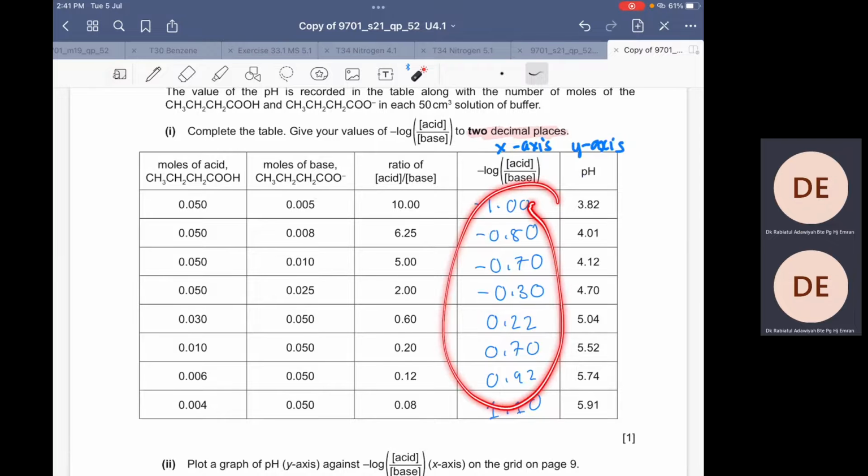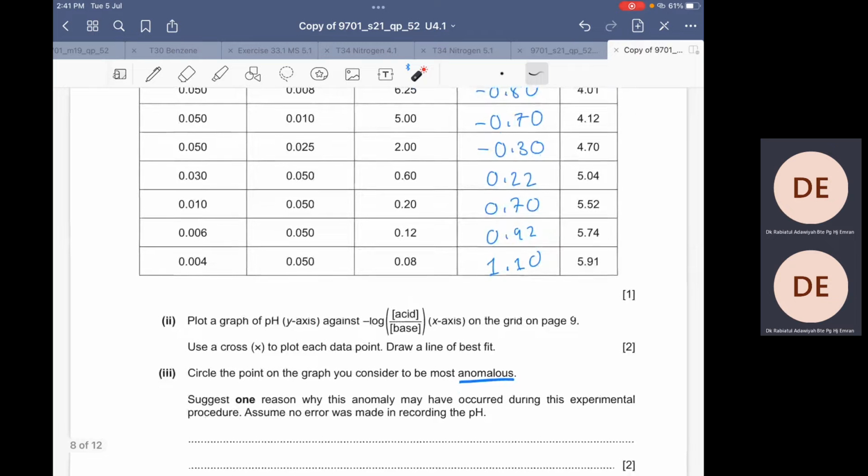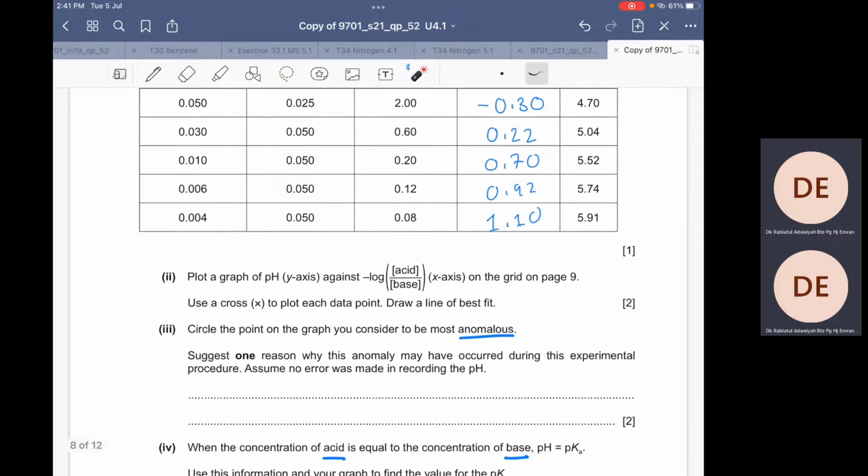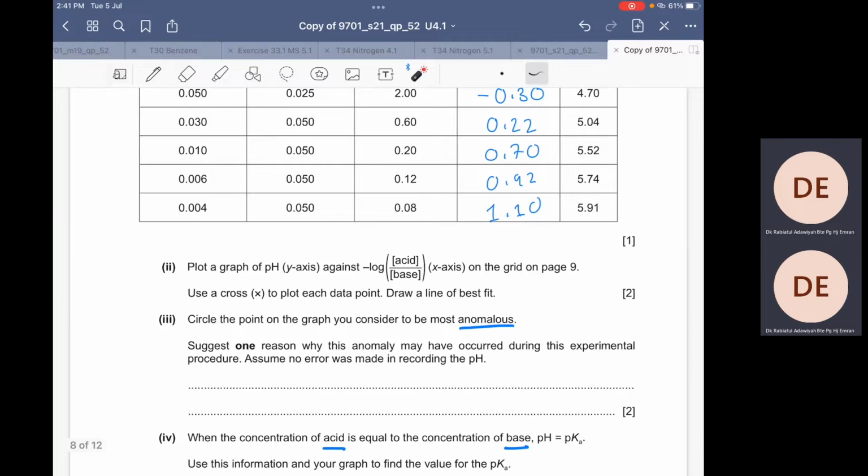This will be the independent variable, your x-axis, and y would be your dependent variable, which is your pH. Plot a graph of pH, y, against x. Use crosses. Circle the point on the graph you consider to be most anomalous.